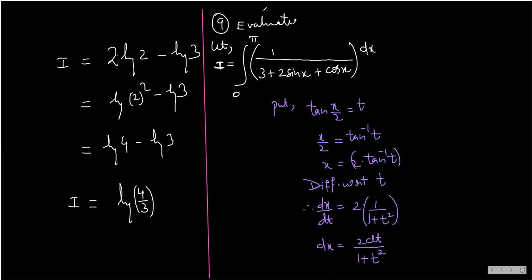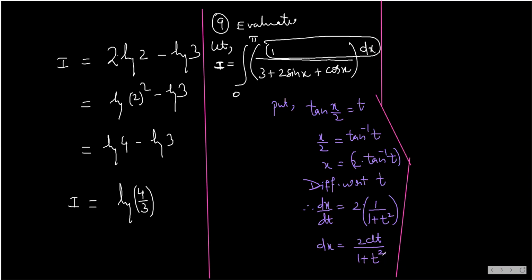So dx is this. For dx, I shall be writing 2 dt upon 1 plus t square. Now it is sin x and cos x, for which I will have to substitute in t.